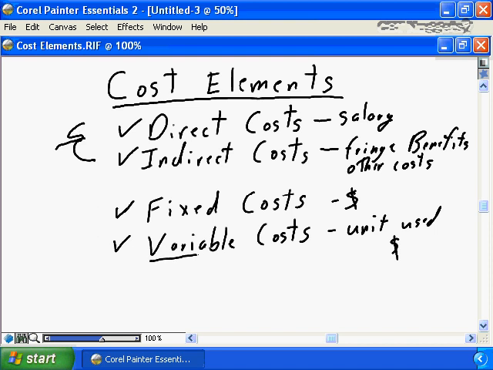The variable costs are typically the ones that are most easily identified and most easily included in the work breakdown structure element, because the variable costs are directly related to the level of work with each and every unit of the work breakdown structure. The fixed costs are often harder to define, harder to find when developing your cost schedule for your project.